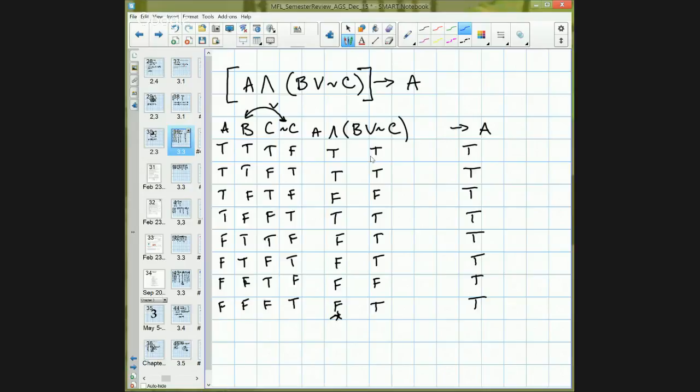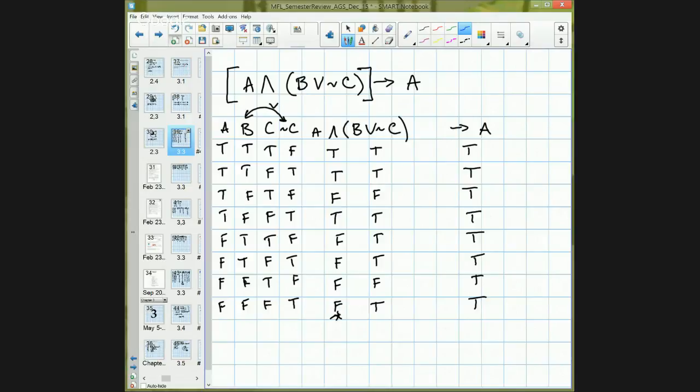Is that the one only false if they're both false? No, you're thinking of the inclusive or, the big V. The biconditional is a single horizontal line with an arrowhead on both ends.